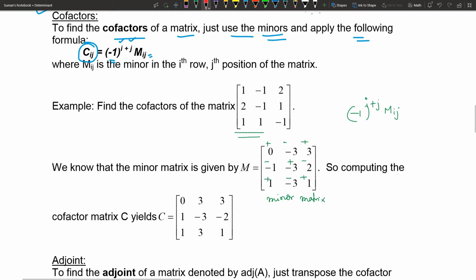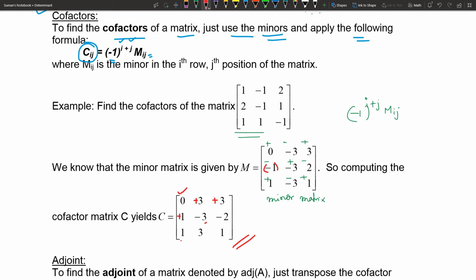So we are using the plus minus, and we are getting that one is plus 0. Minus of minus 3, we are getting plus 3. Plus 3, that one obvious. Minus of minus 1 here, so we are getting plus 1. Then plus of minus 3, we are getting minus 3, minus 2, 1, 3, 1. So that is how we can find the cofactor.